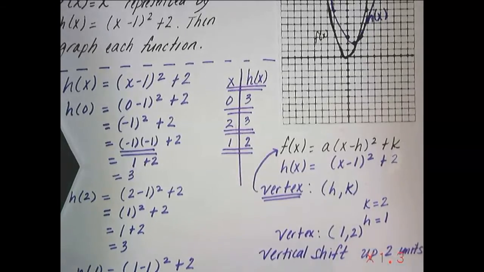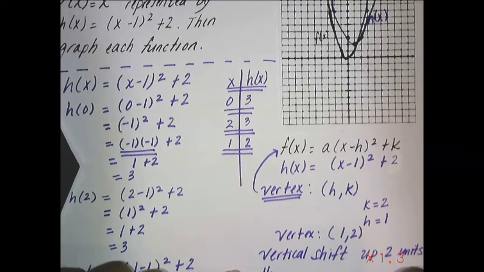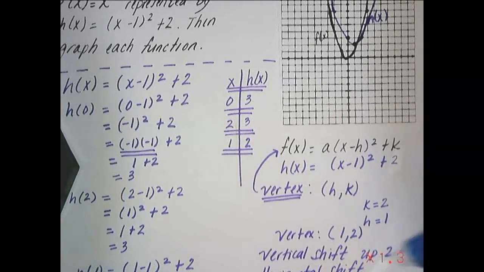And then our horizontal shift, we go left or right with horizontal. So our horizontal shift is going to the right. I was about to write the word horizontal again, y'all. Excuse me. It's going to the right, just the 1 unit.